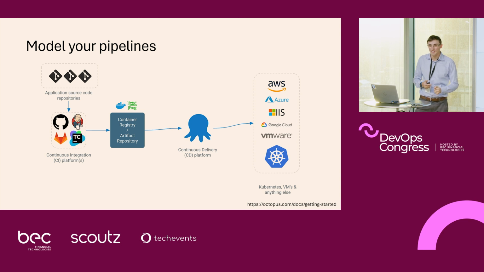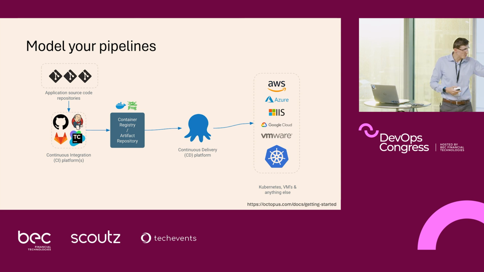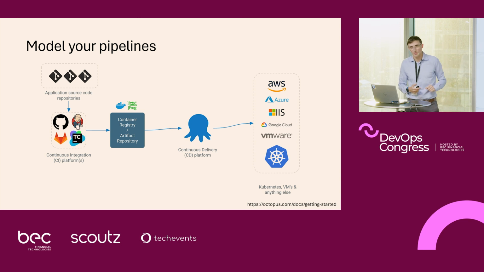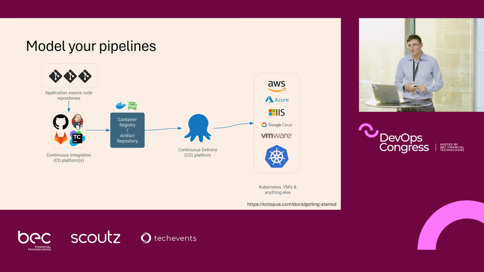It's something like this. At first we have a repository, then continuous integration, a container registry, and so on. As a final step, we deploy to some production cloud or something else, and we know how the artifacts are transferred between different systems.